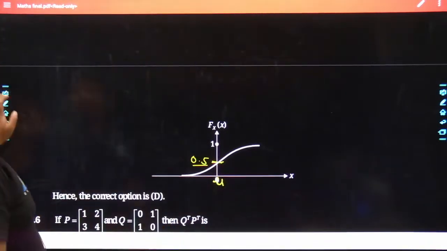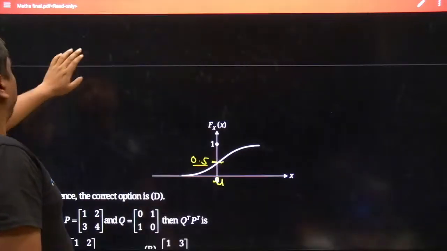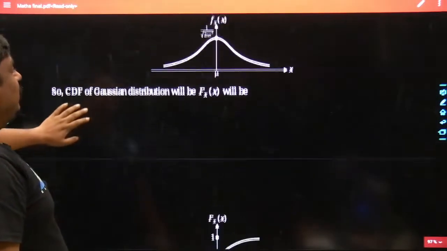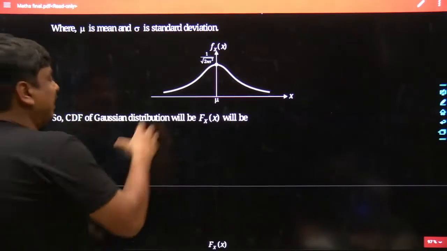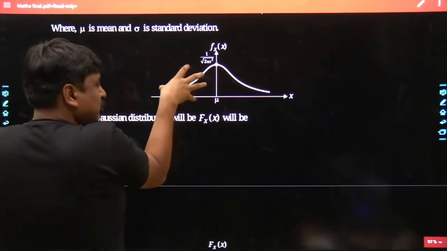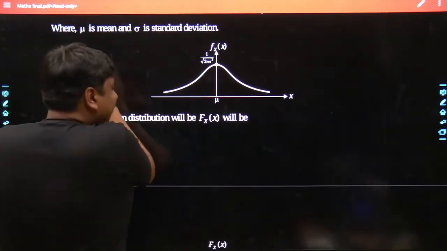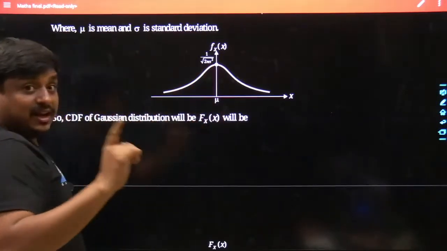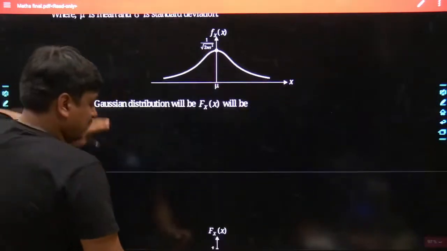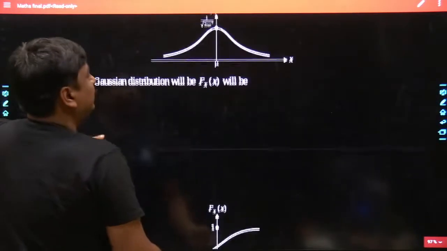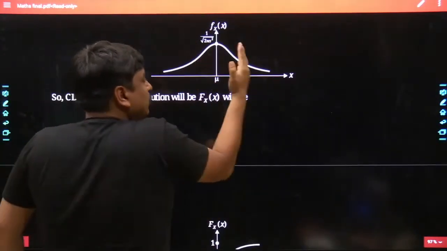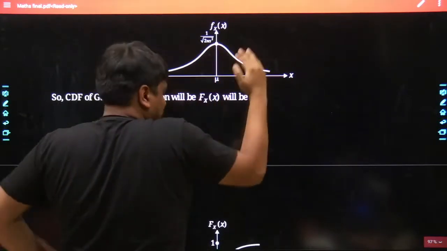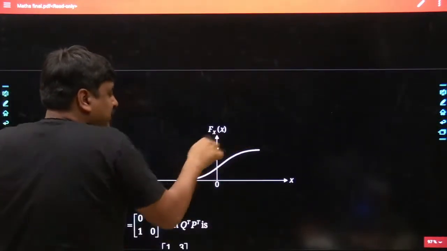Why? Because the PDF is a symmetrical PDF at x is equal to mu. So the area which was occupied in this region was 0.5, and as you keep adding the area from minus infinity till x is equal to mu, you have added your area exactly as 0.5. So obviously here the magnitude has to be 0.5, and as the value of x keeps going and reaches towards infinity, it will try to settle down at 1.